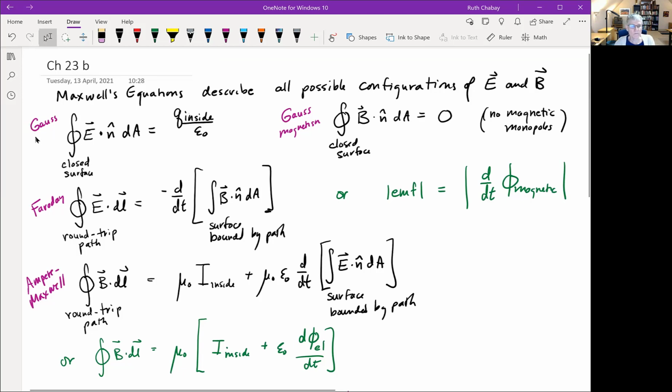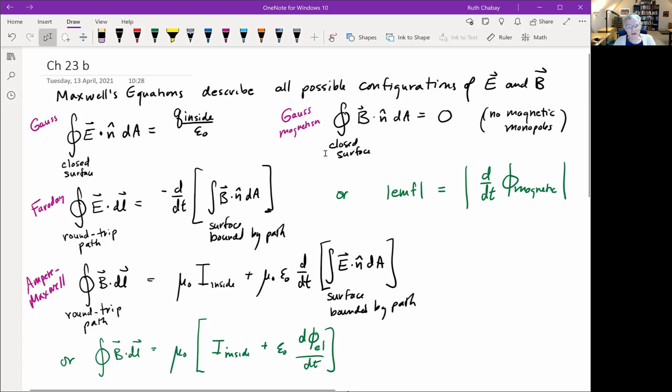Gauss's law relates the electric flux, the component of E perpendicular to a surface, or parallel to the normal to a surface, times the surface area on some enclosed surface, a surface that encloses some space, to the amount of charge inside the space.